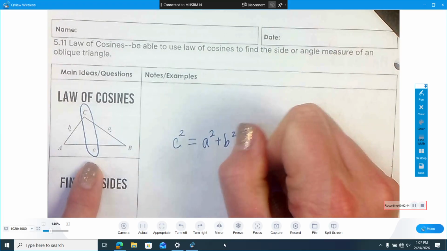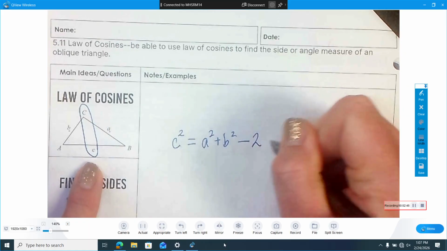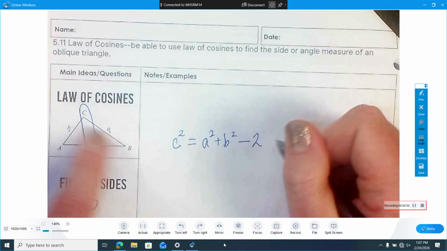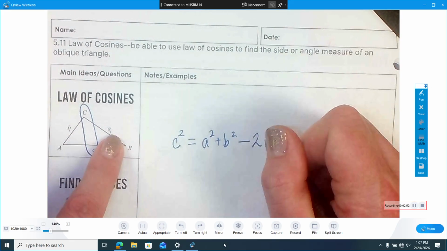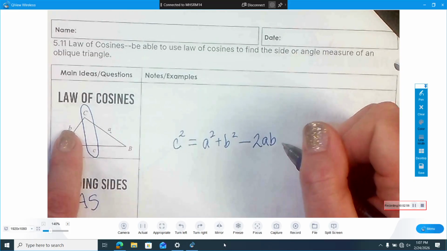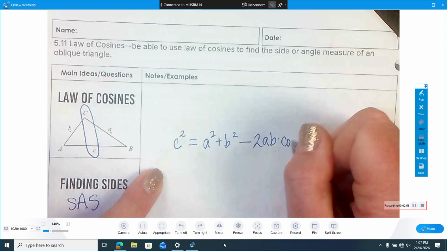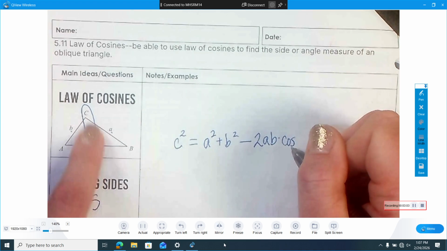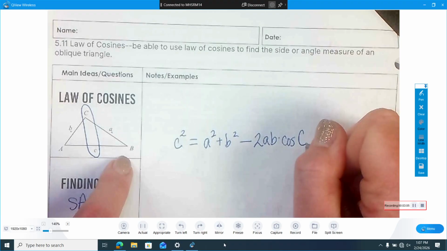It's minus twice the product of those other sides, so twice a times b, times the cosine of the included angle, so that is our big angle C.